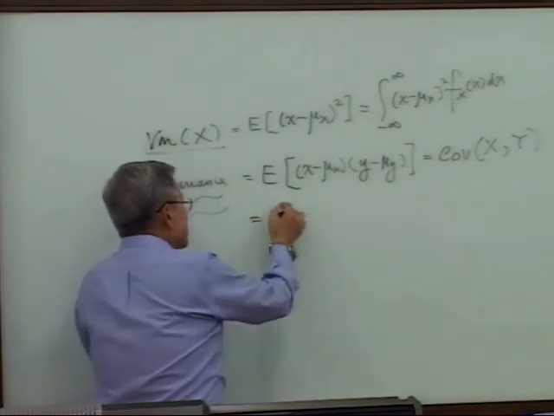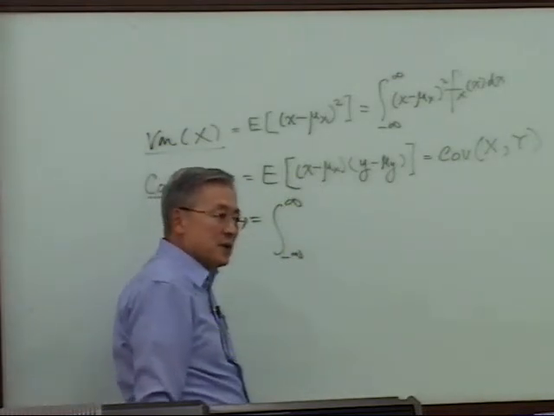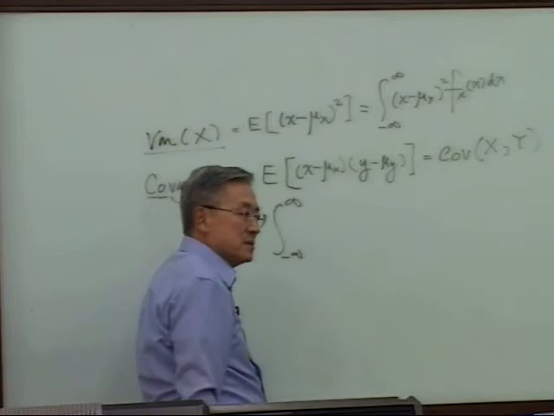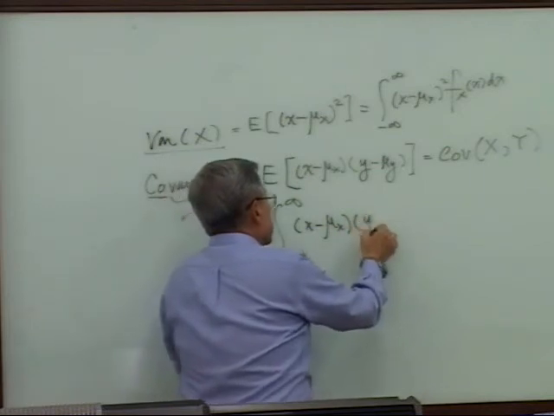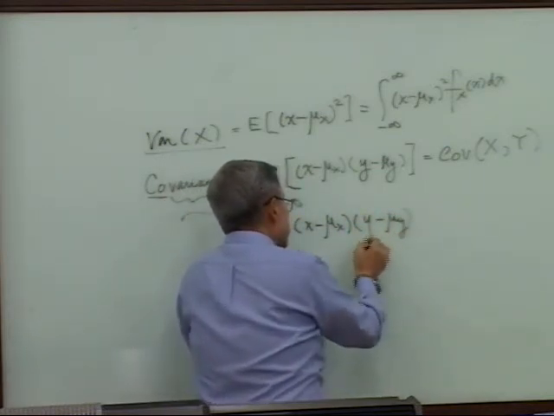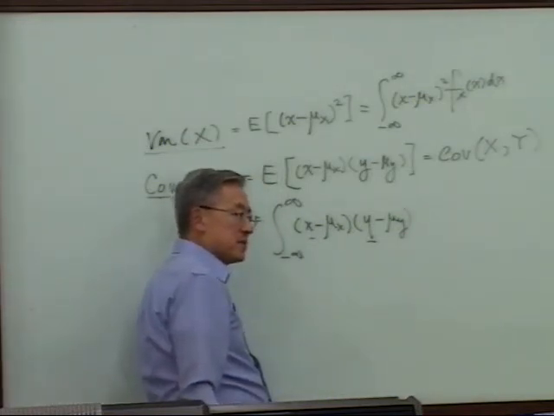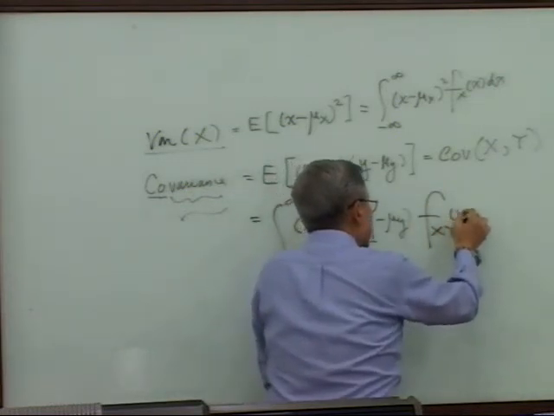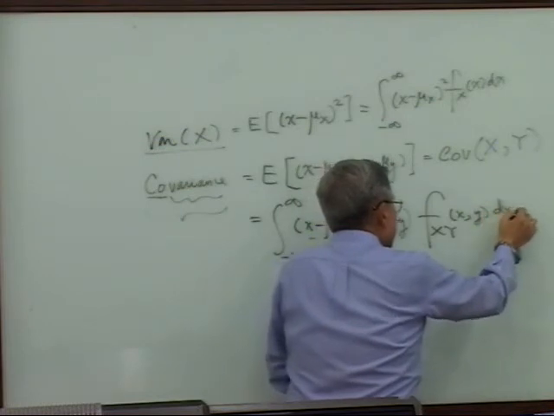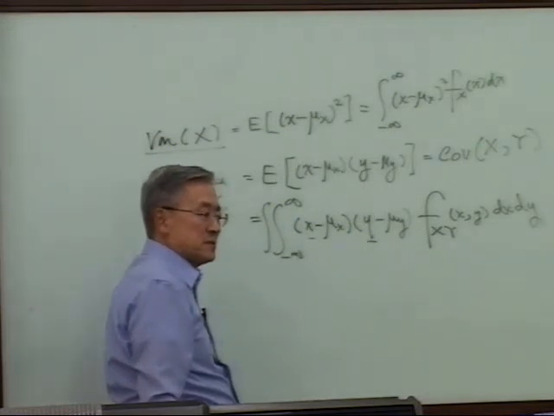In terms of integration form, assume that x and y are continuous random variables, then x minus mu x, y minus mu y, using small x and y to mean a specific value for the random variables, capital X and capital Y. So now you have to write this as a double integration.